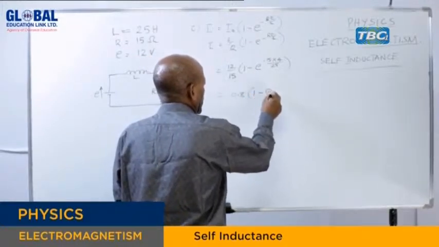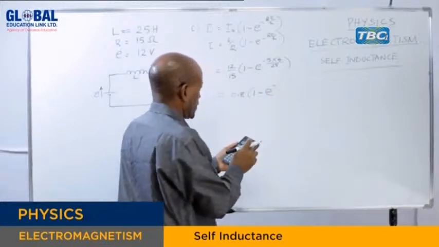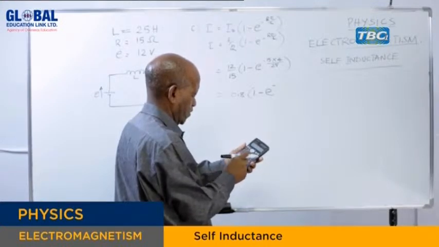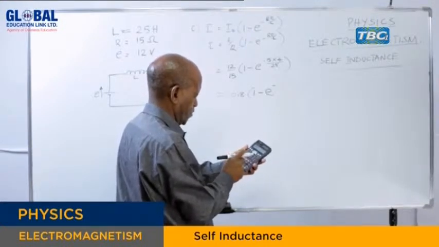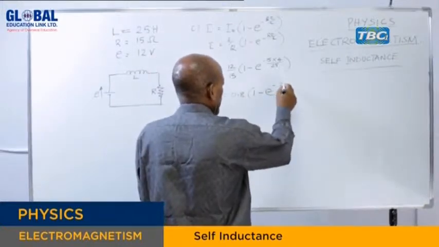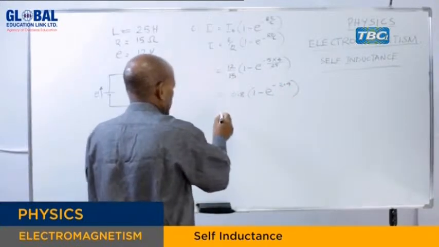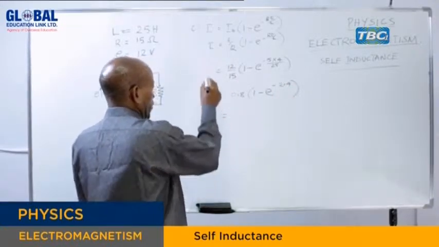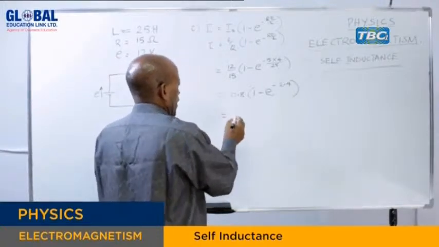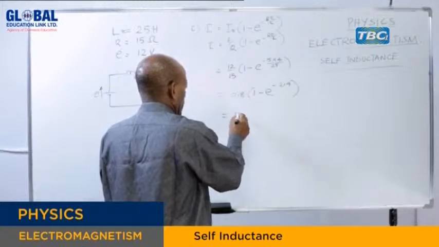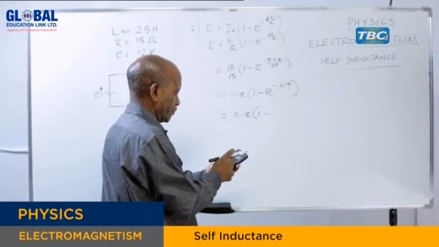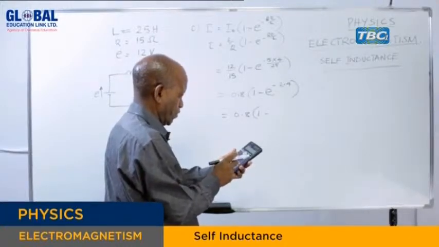Into 1 minus e power minus 15 times 4, that is 60. So we divide by 25, we get 2.4. And then we can compute to find the current after 4 seconds. So this will be 0.8 into 1 minus e power minus 2.4.